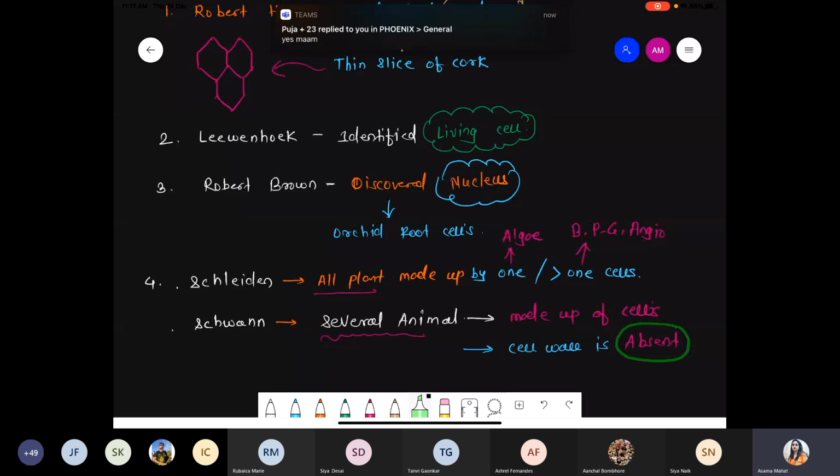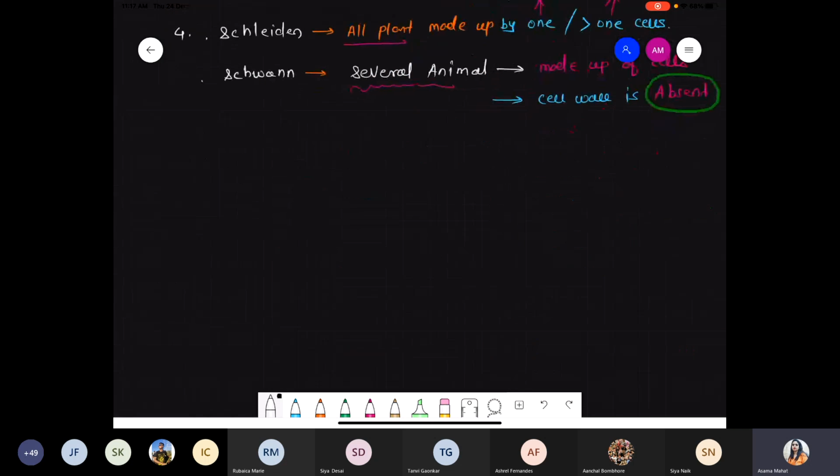If you solve previous year questions, you will get a clear cut idea. From NCERT you never solve questions from the cell chapter, so please make your notes properly. Now, next part, after these four scientists, we are talking about cell theory, and this cell theory was again given by two scientists, two best friends, that is Schleiden and Schwann.